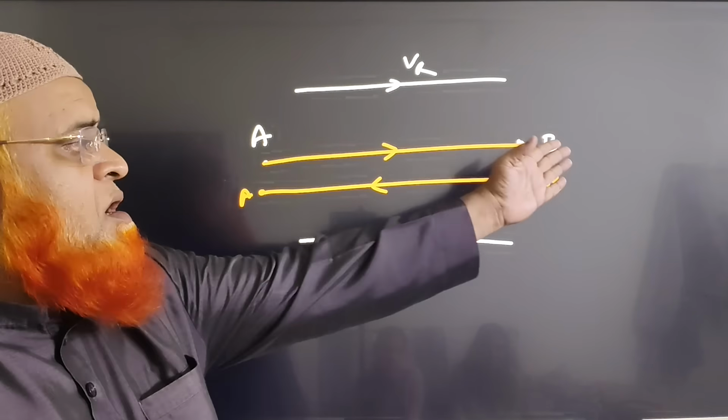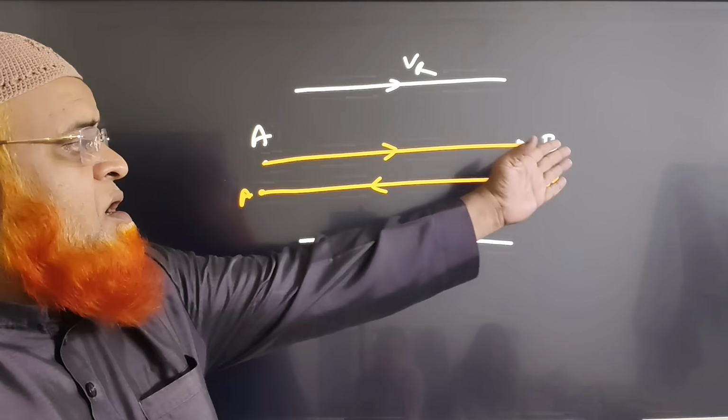In this case, velocity of the boat and velocity of the river are in the same direction, but here velocity of the boat and velocity of the river are in the opposite direction, isn't it? This is theta equal to 0 degrees and this is theta equal to 180 degrees.